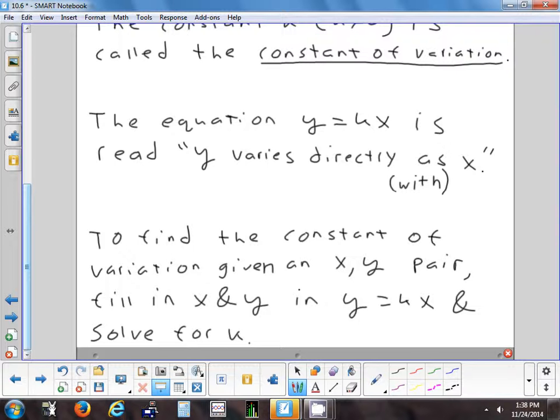Where it says read as, right up there, you're going to write in y varies directly with x.